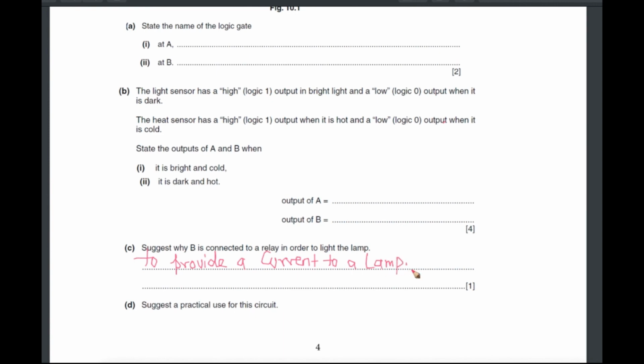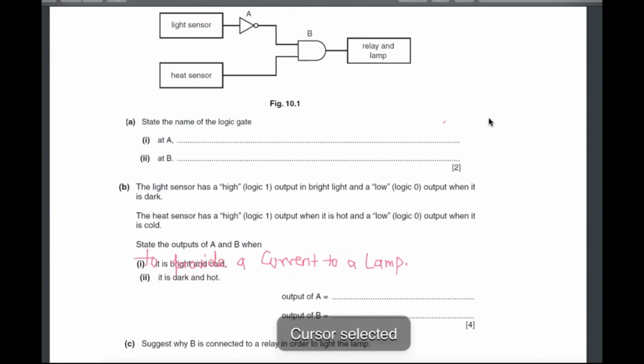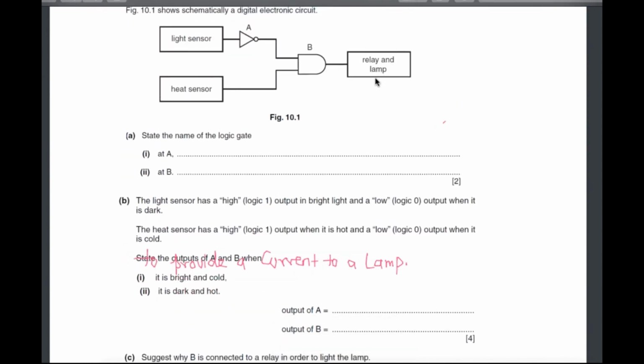Suggest a practical use of the circuit. What is the practical use of the circuit? There's a relay and lamp and light sensor and heat sensor.